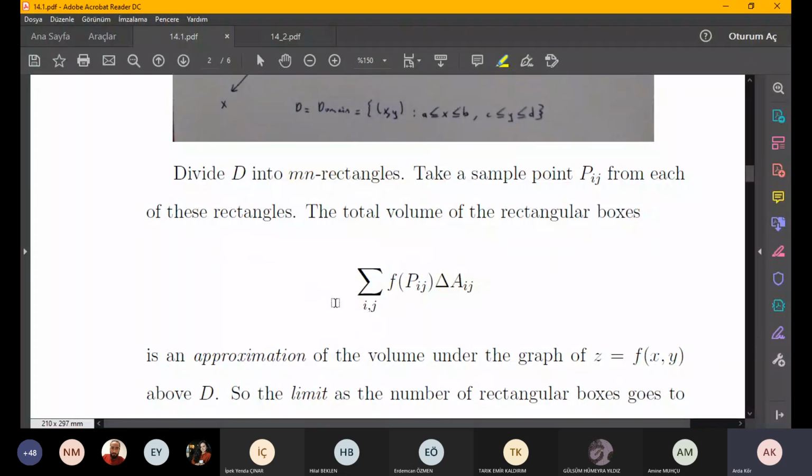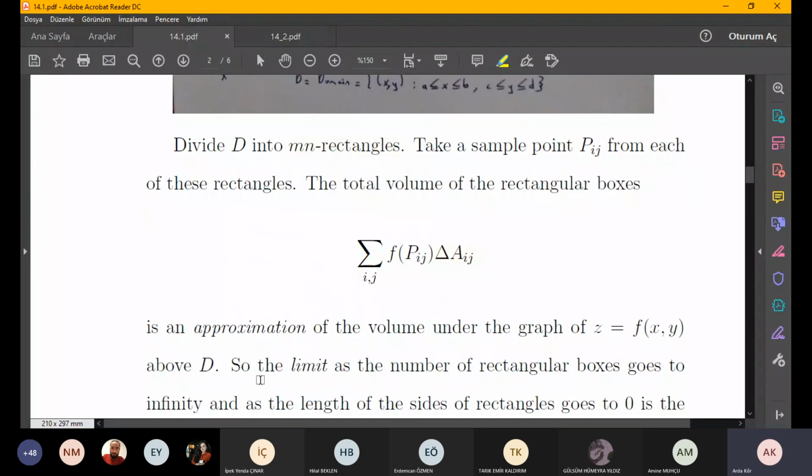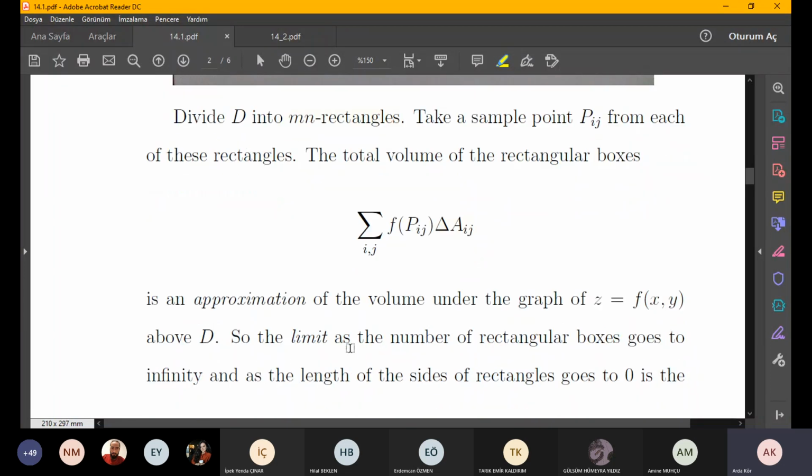And this will be the Riemann sum here, and it will be an approximation of the volume under the graph of f(x,y) and above D, which we actually try to find.